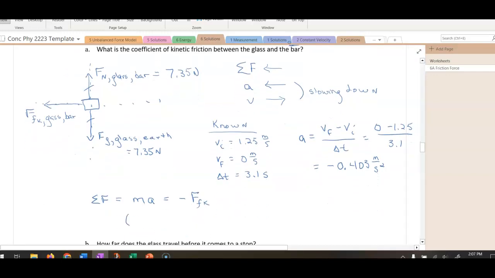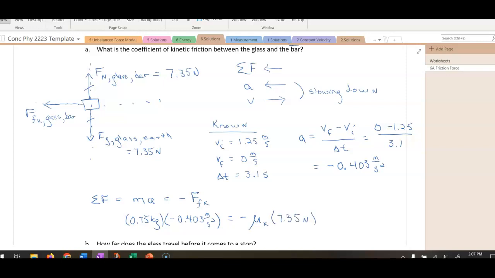So I know that I've got 0.75 kilograms times an acceleration of negative 0.403, and that's going to equal negative the kinetic coefficient of friction multiplied by the normal force, which is 7.35 newtons.